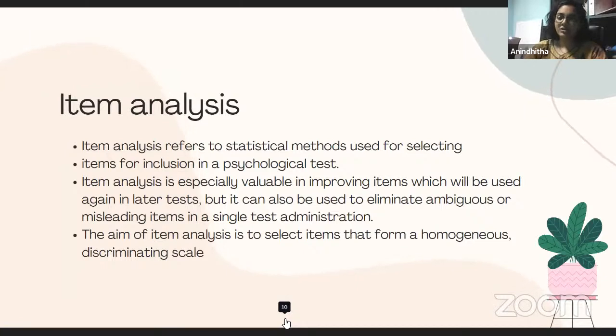Item difficulty talks about the proportion of people who can get the answer right for each item. We also discussed that for ability and intelligence testing, we always have one right answer for each item, and that automatically becomes the right keyed response. But for personality tests or inventories or anything related to temperament, we do not exactly have one right answer.